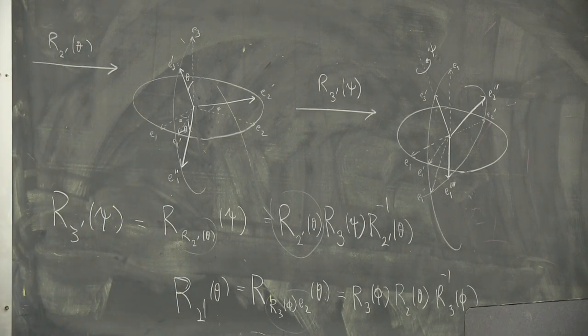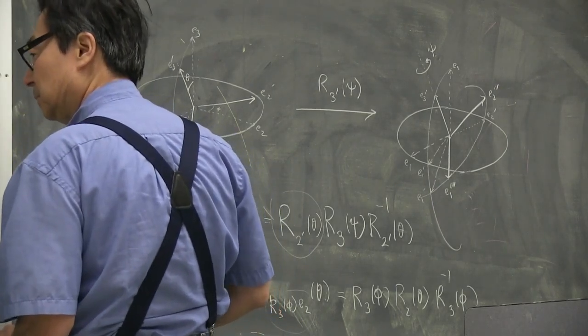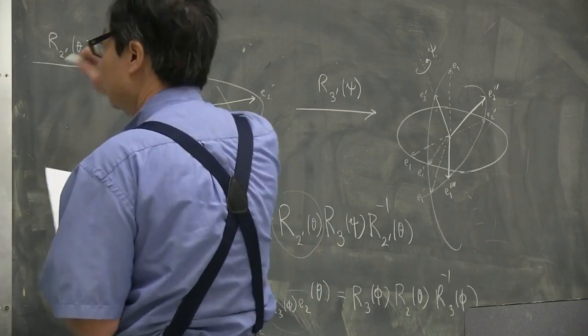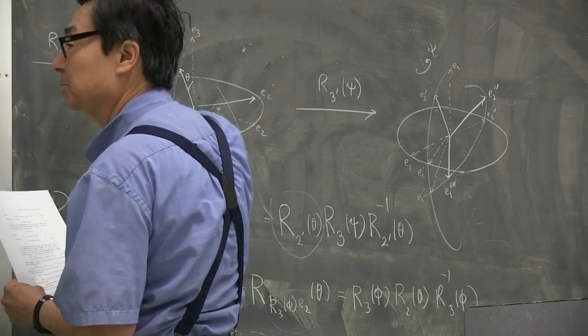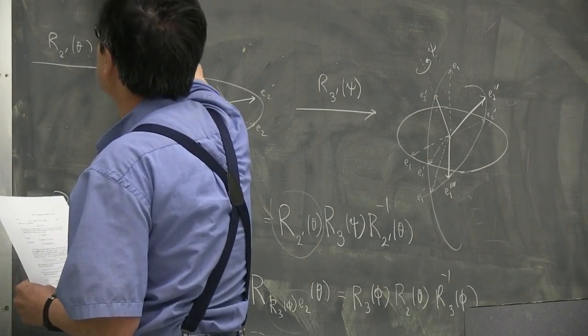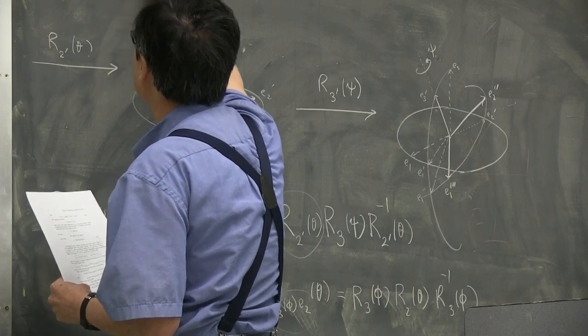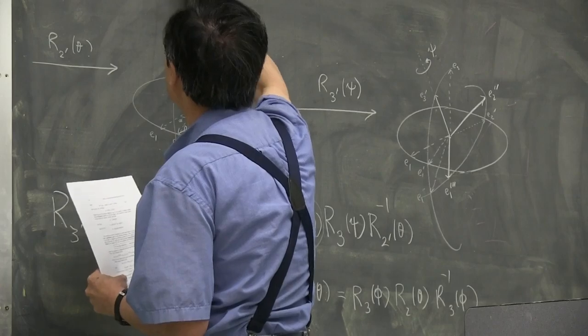It's very straightforward. So then, let's go. So then I can write, take this expression in here, R3 prime psi, R2 prime theta, R3 phi.